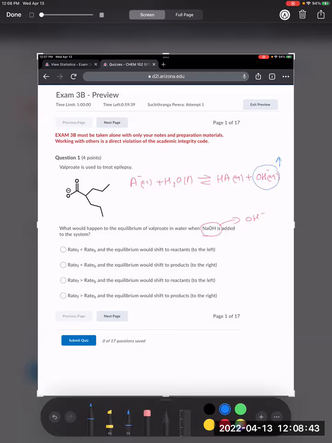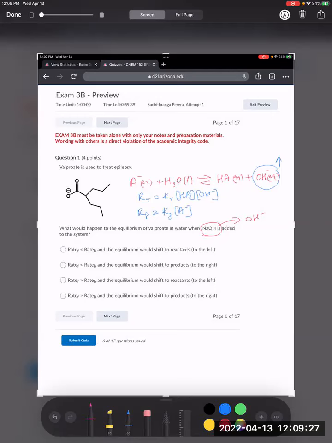Okay, and then when it comes to the kinetic argument, it's all about the forward rate versus the reverse rate. When it is at equilibrium, forward and reverse rates are equal to each other. But because of this perturbation, you're going to increase one of the products. So the rate reverse is k reverse times HA concentration times OH minus concentration, and rate forward is k forward times A minus concentration.